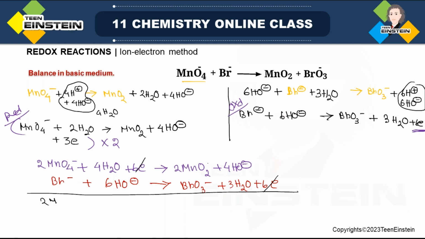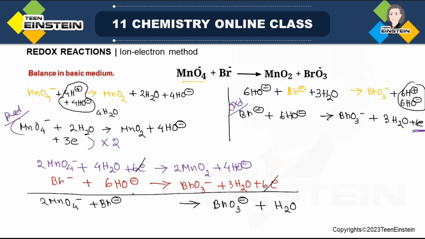So finally 2 MnO4 minus, Br minus, 6 HO minus, 4 water, Br3 minus, 1 water molecule.